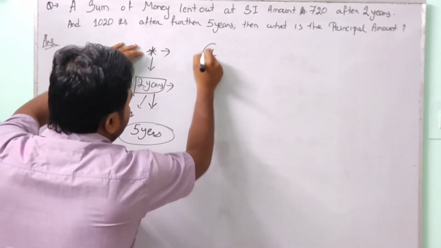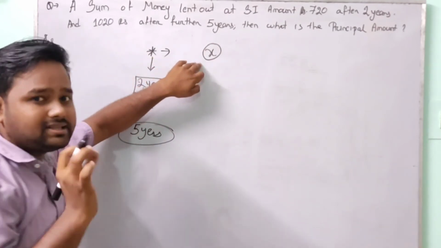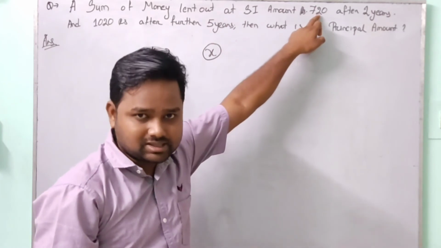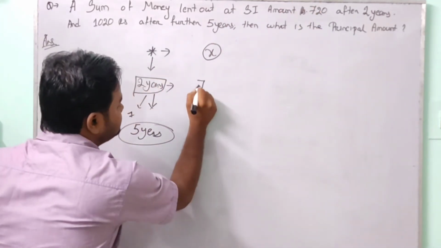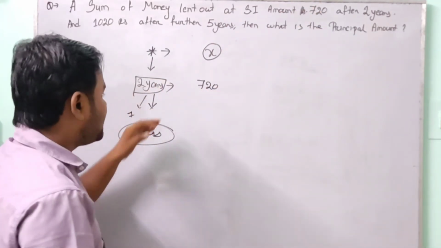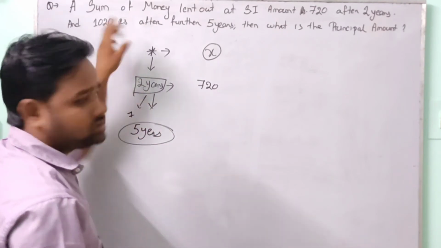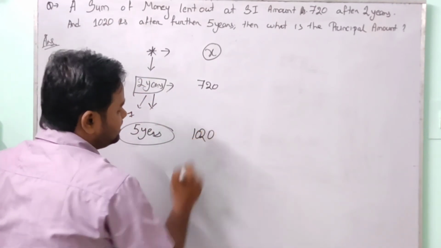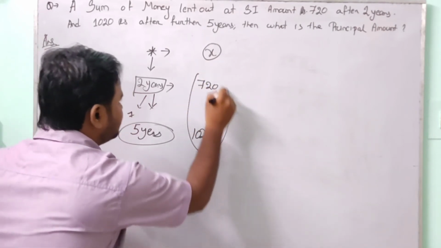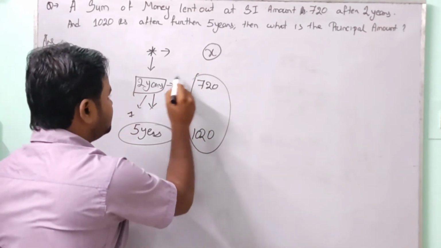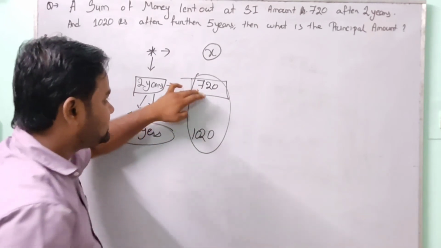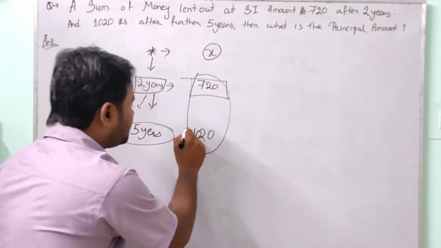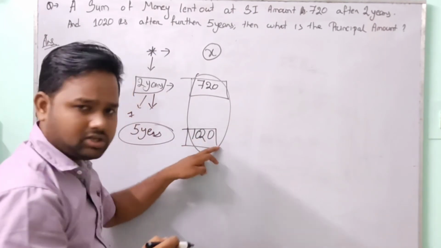So suppose this is x, and we have to find the value of x. After the 2 years the value is 720, and after the further 5 years the value is 1020.